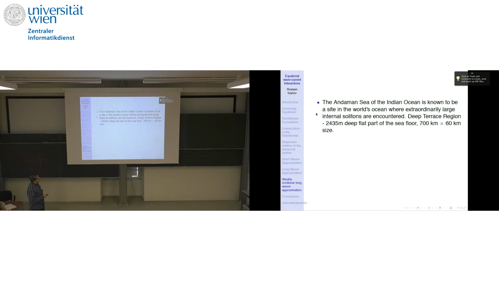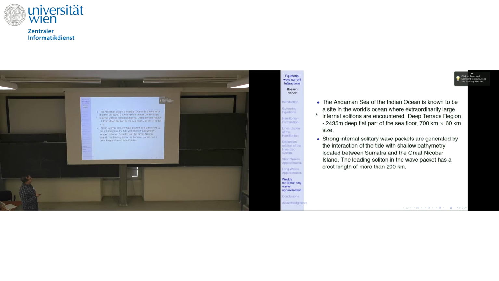And indeed, this is something that one can observe. There are some pictures from the Andaman Sea in the Indian Ocean. It's not quite equatorial, but it is somewhere near. There is a flat part of the bottom with this size.